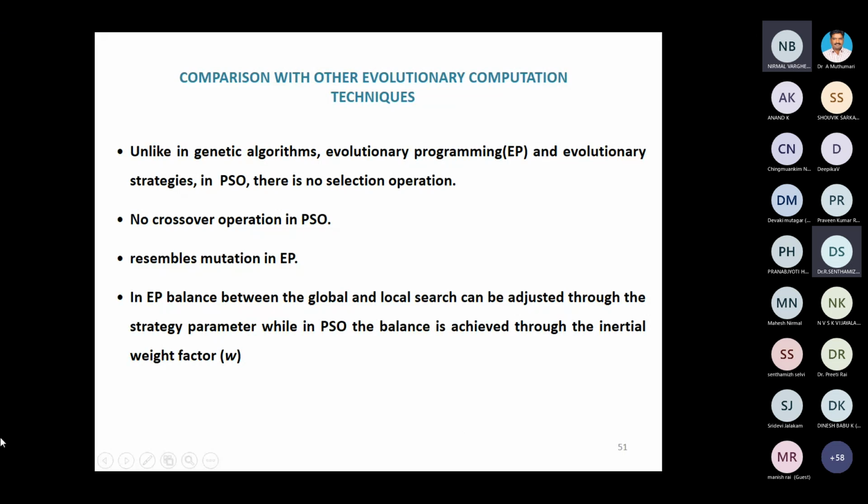Now, comparison of PSO with the other evolutionary computation techniques.